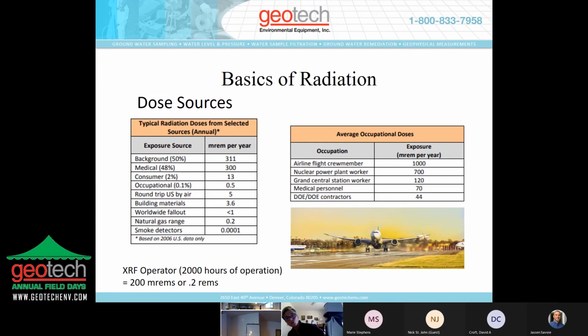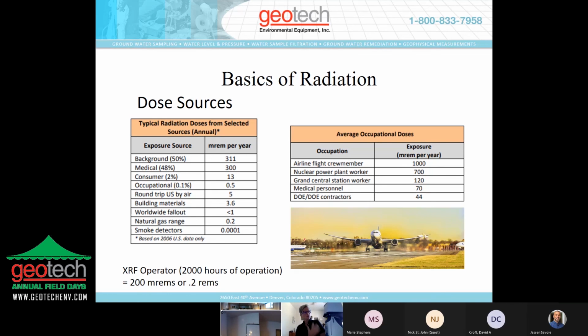You also get exposed just going in to get your teeth X-rayed, or your body parts X-rayed, or a CT scan, or an MRI. So there's an expected amount of radiation that we get just from living with natural sources, and then man-made diagnostic medicine type sources, as well as using an instrument that produces radiation.